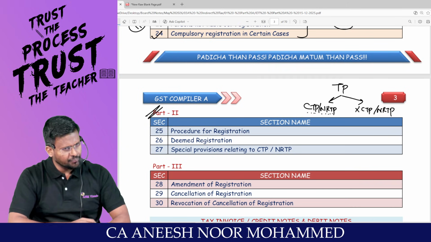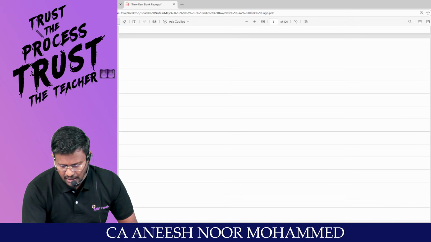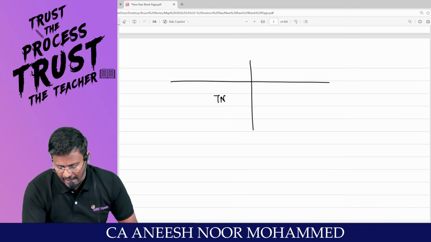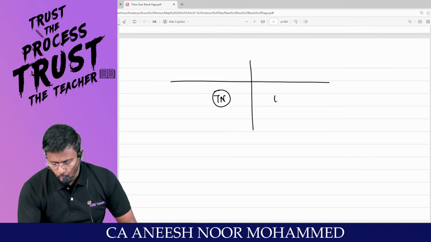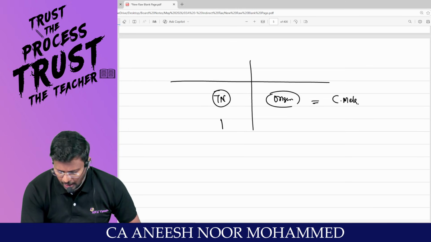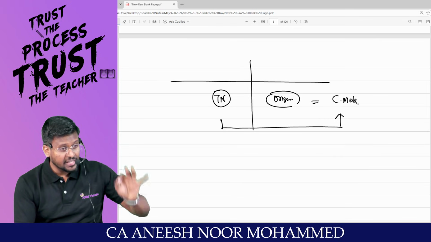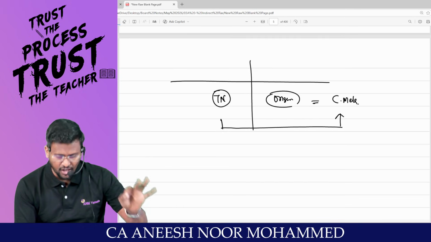For example, my dear lovable students, I am in Tamil Nadu. In Orissa, sir, one car mela is going on. From Chennai, Tamil Nadu, I am going to Orissa and displaying the car which I have manufactured in Chennai.